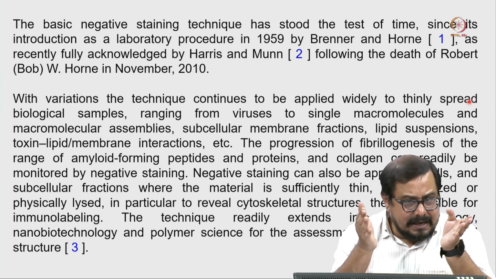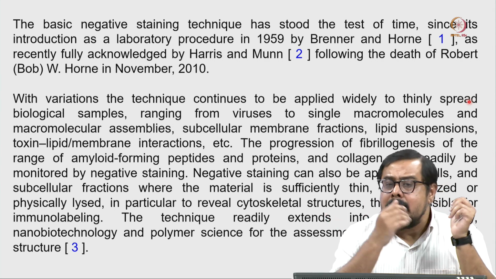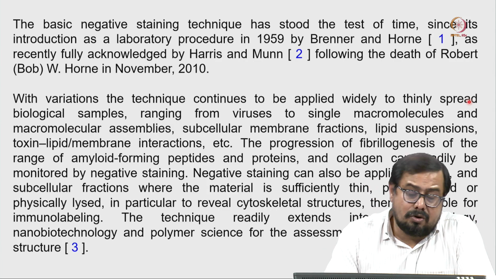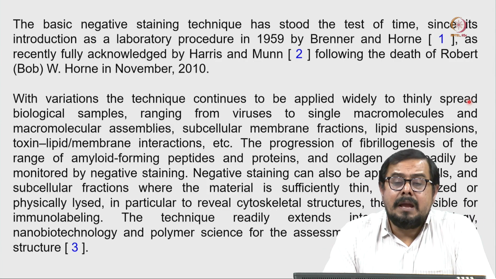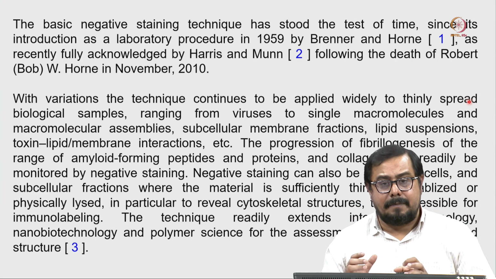If it is less than 100 nanometer, that is even better. But if the thickness is higher, above 200 or 250 nanometer, we can use it mainly for cellular tomography purposes.